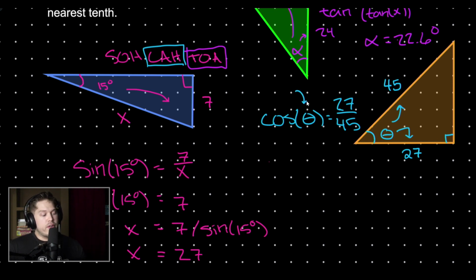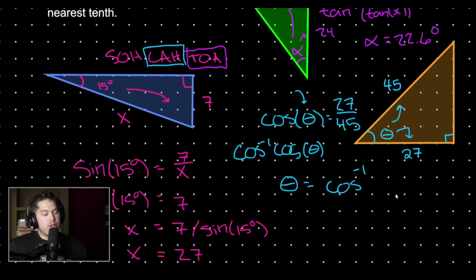Now again, we want to solve for theta. So what are we going to do? We're going to apply the arc cosine to both sides in order to peel away the cosine function and have theta being equal to the arc cosine or inverse cosine of 27 over 45.